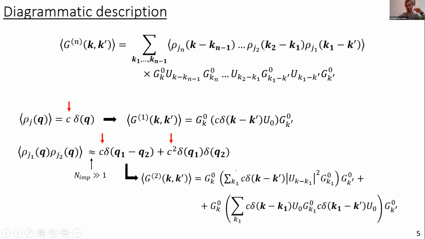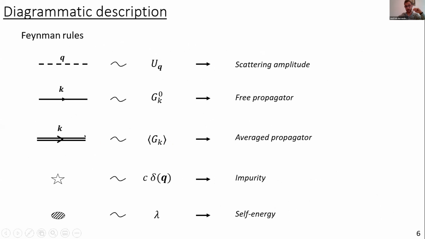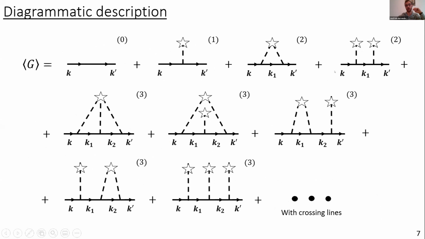Also from those calculations, we can extrapolate some Feynman rules, as we saw here, which let us calculate the higher orders of this average Green function in a more comfortable way. So, for example, here we have the zero order, the first, the second order, and also the new one, which is the third order, calculated by a diagrammatic description.